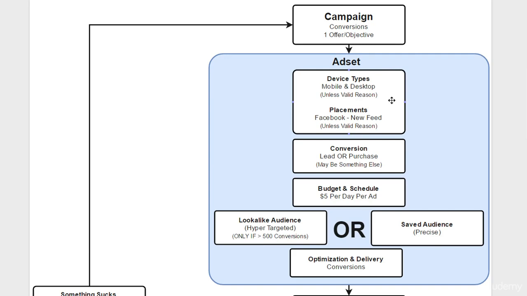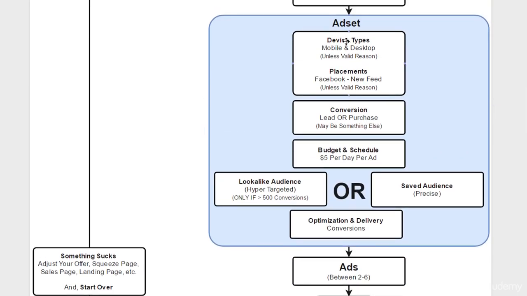And then when it comes to ad set, we're going to select our device types. We're going to do mobile and desktop unless you have a valid reason to only choose a mobile device or only choose a desktop device. But you typically want to keep it kind of broad, select mobile and desktop. At this initial stage, for placements, you're going to want to select Facebook and Newsfeed unless you have a valid reason for selecting other placements or other websites like Instagram.